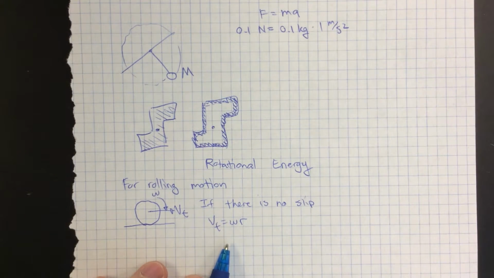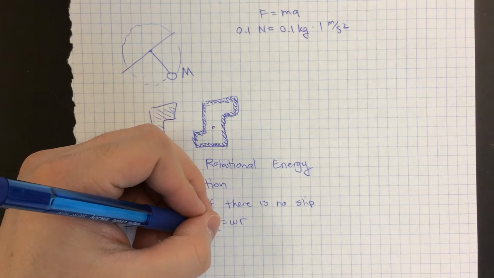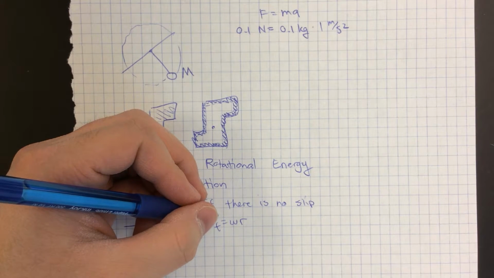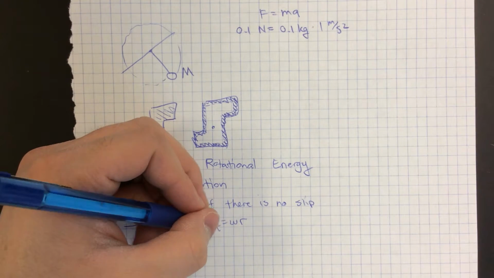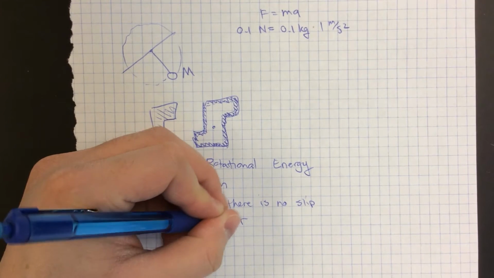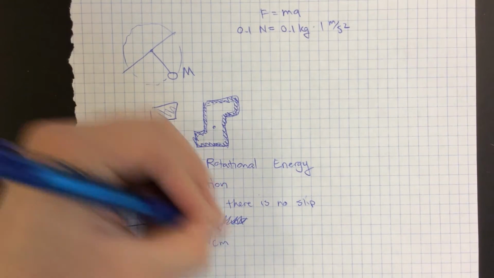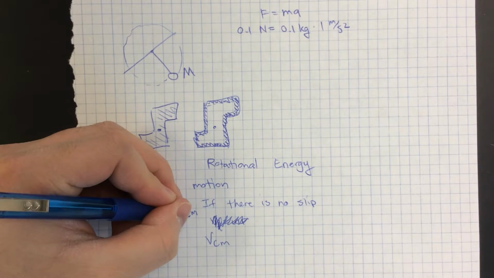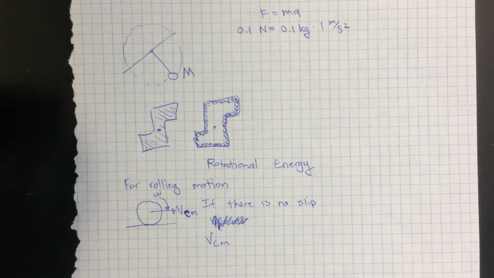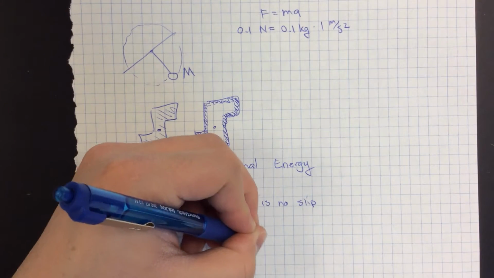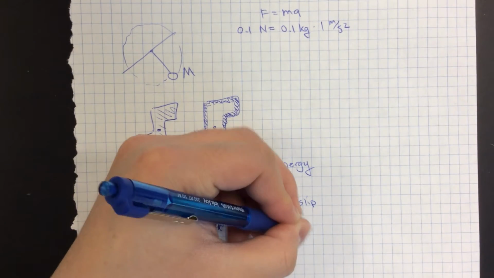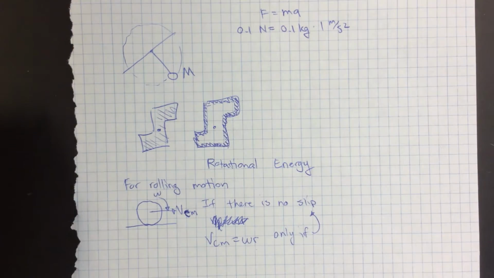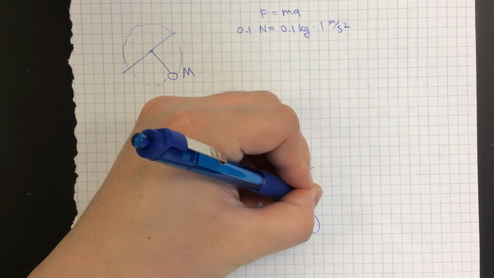Let me say it like this: VCM, the velocity of the center of mass, is equal to omega r only if there's no slip.